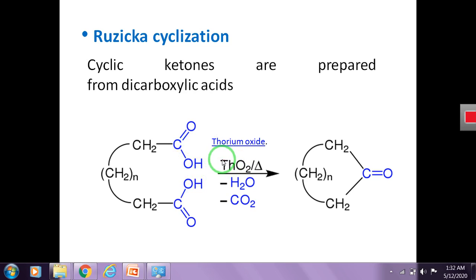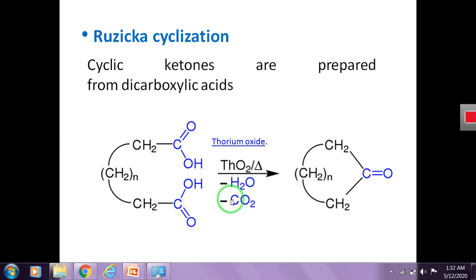reacts in the presence of thorium oxide. So this dicarboxylic acid, in the presence of a catalyst that is thorium oxide, will remove from itself a molecule of water and a molecule of carbon dioxide.